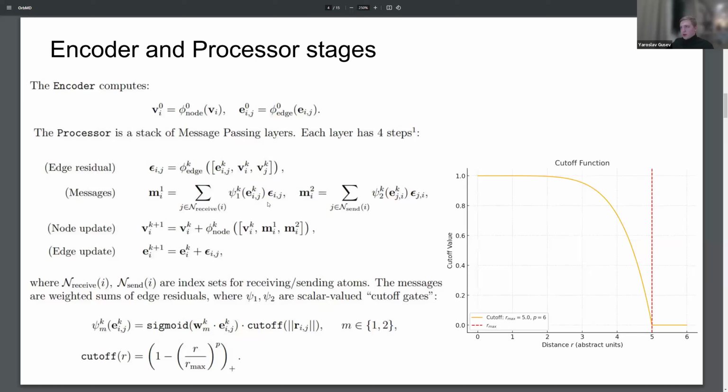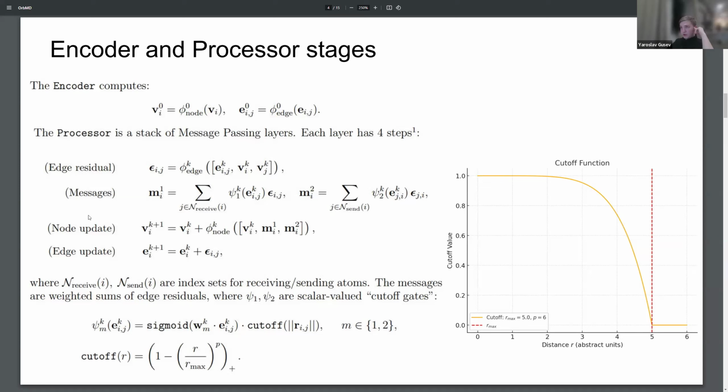And here they considered two types of those messages, received and sent messages, and they constructed them this way.